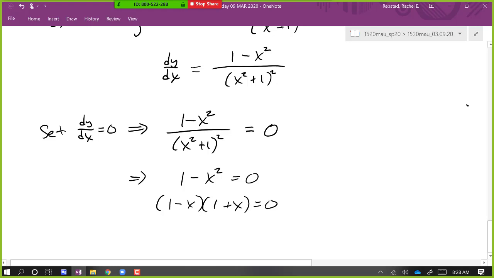We get two values of x, right? x is 1 and x is -1. Here's the other part that's kind of a detail. They didn't say at what values of x is the tangent line horizontal. They said at what points on the curve.